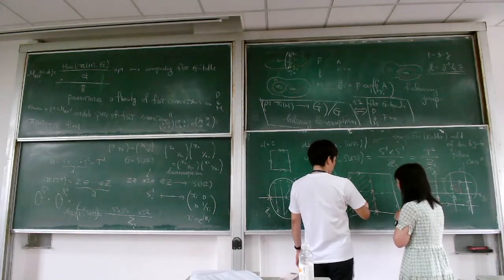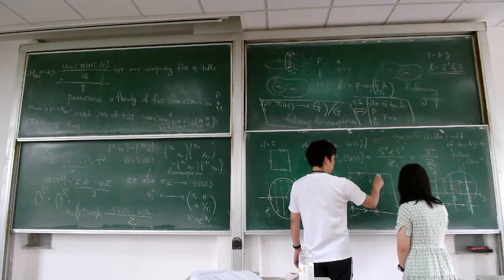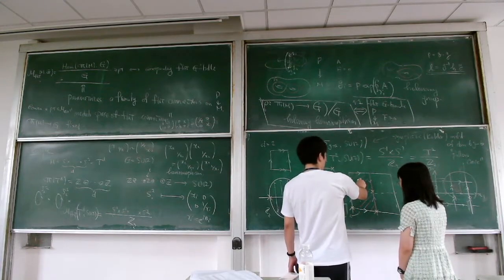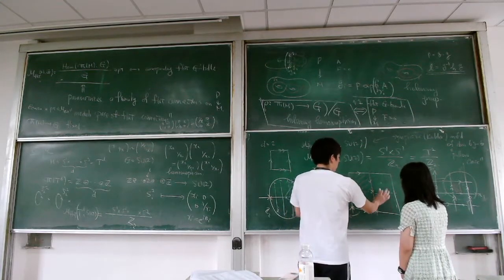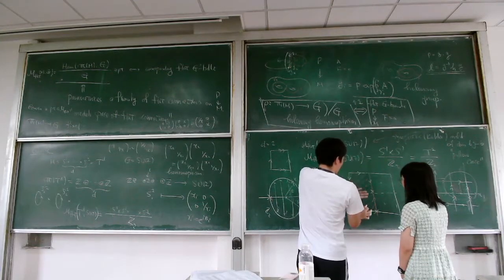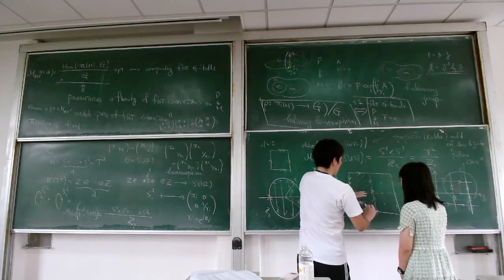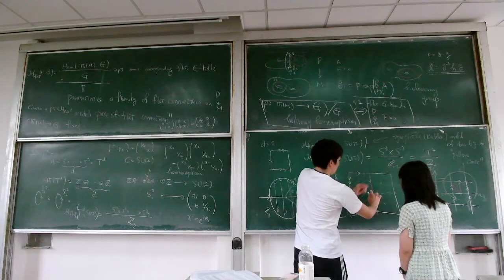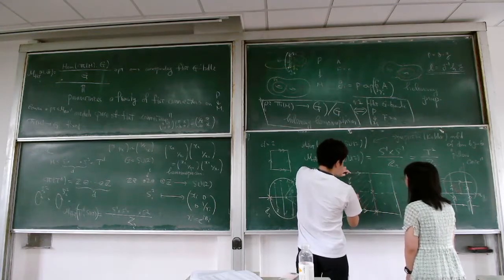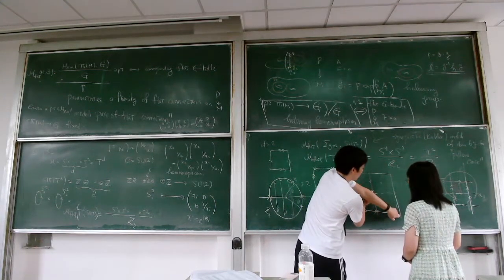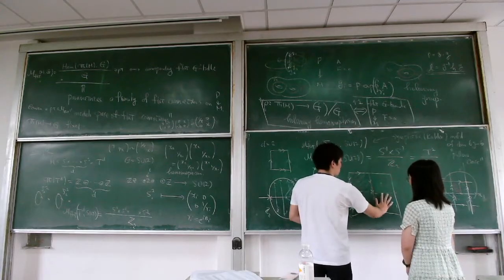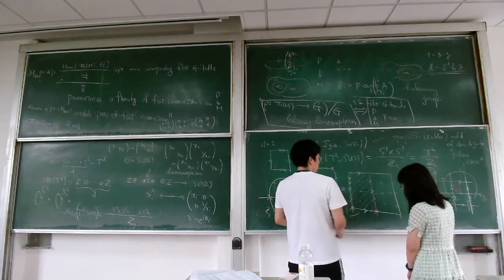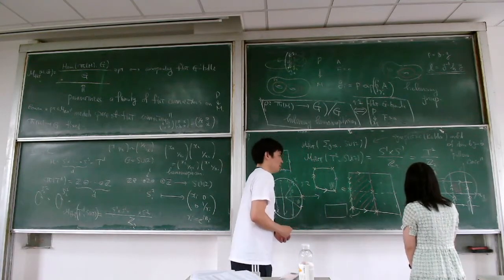Here, this point is identified as one, and this point is identified as one. So this region is identified with this region. By just swapping this one, just turning over, this rectangle is identified with this rectangle. So you don't need to consider this one, because this part is identified with this one, and this part is identified with this one.